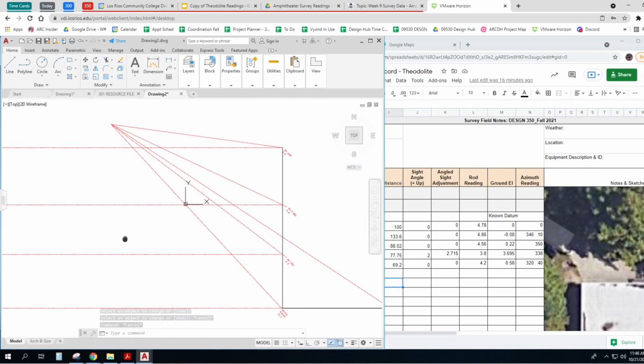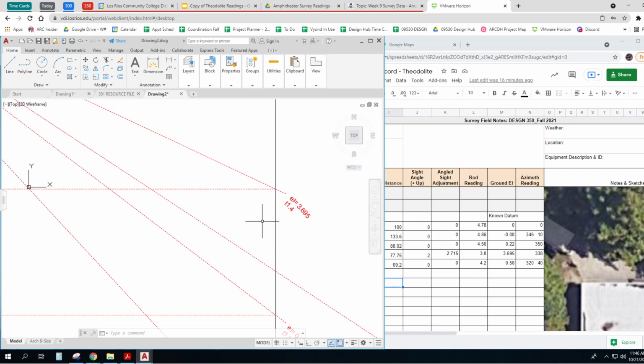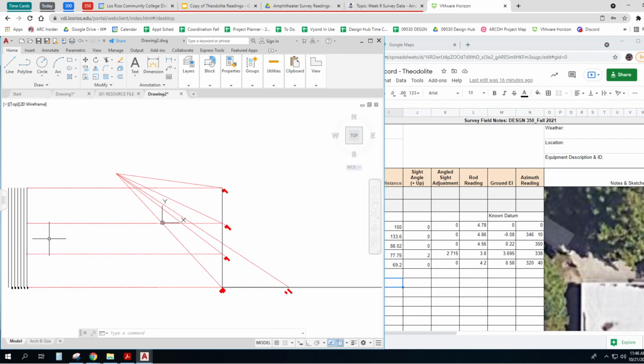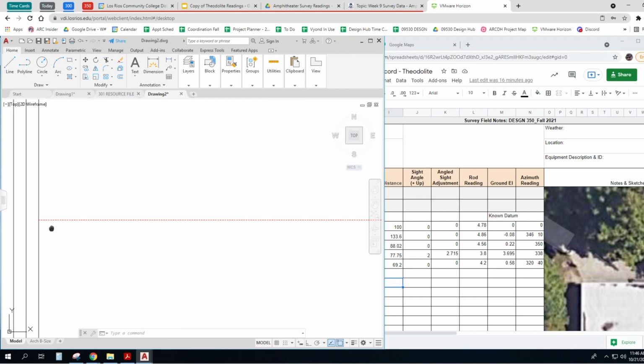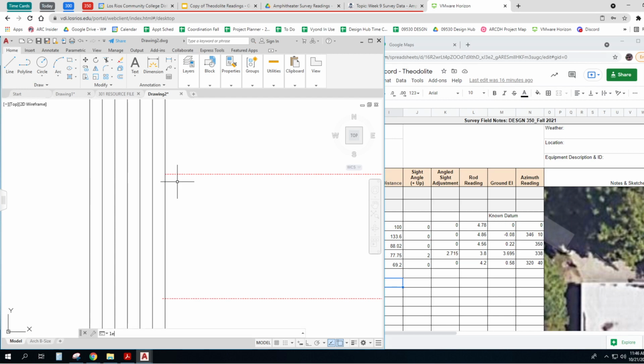Now what's the elevation at this one? 3.7. So I can do the same thing here. Lengthen, DE, a given amount, 3.7. And I have to do it twice because it's 2 times scale.